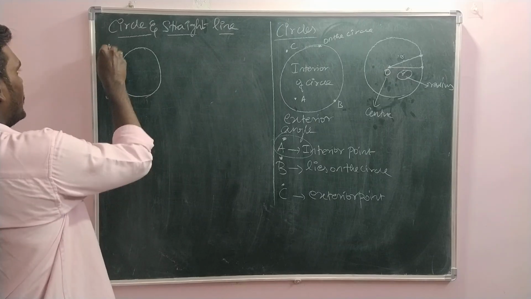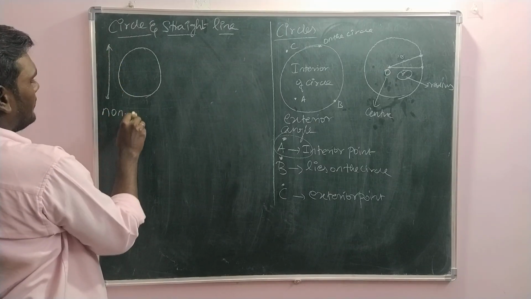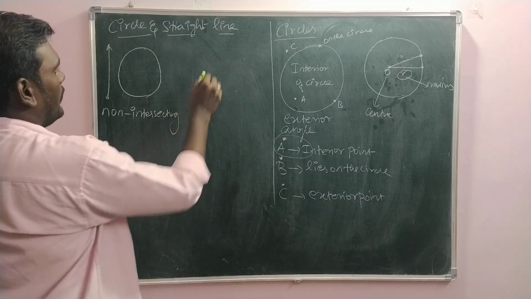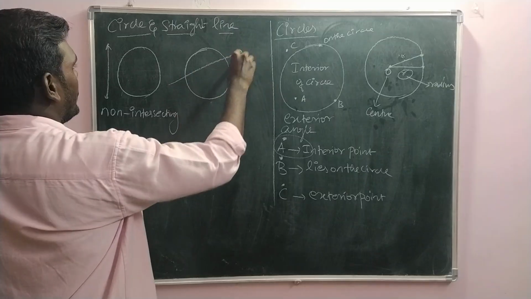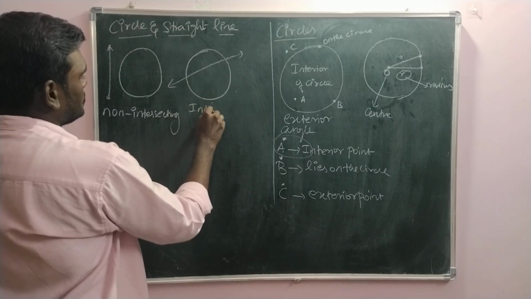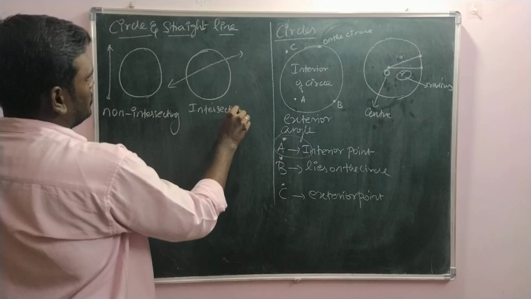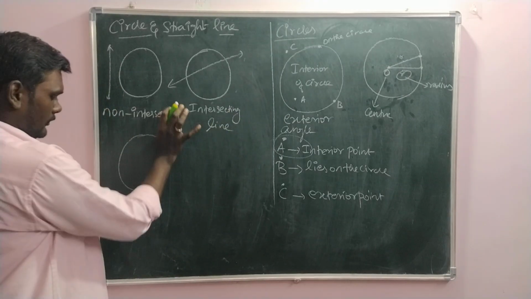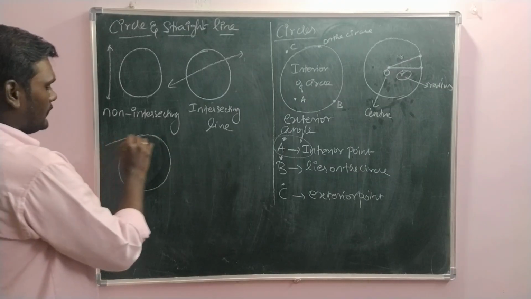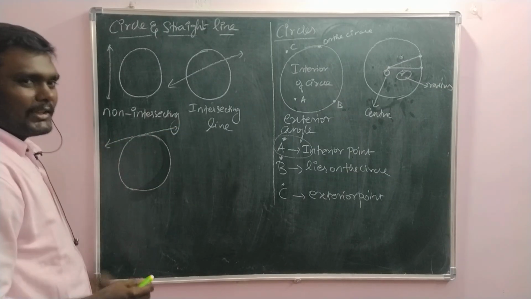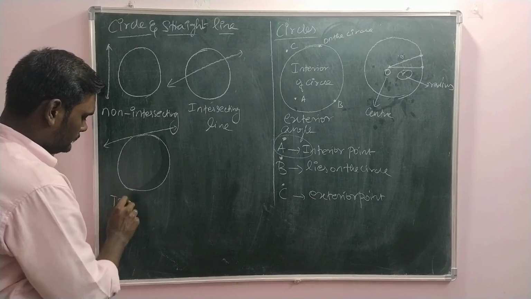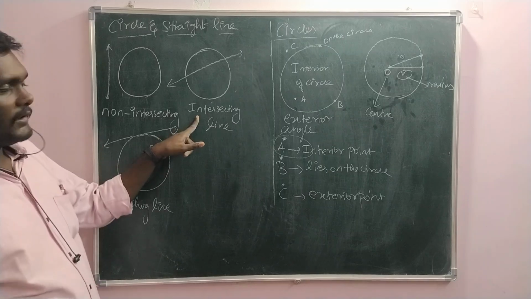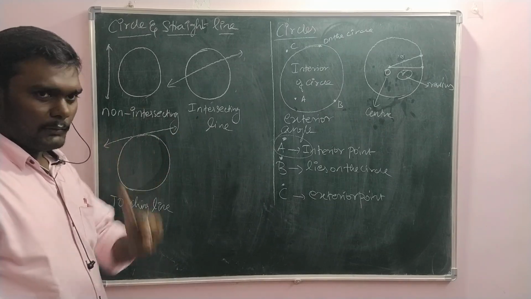Either that line will be a non-intersecting line, or it may be an intersecting line, or the third scenario, it may be a touching line. See, intersection is different, touching is different. Touching means at exactly one point.